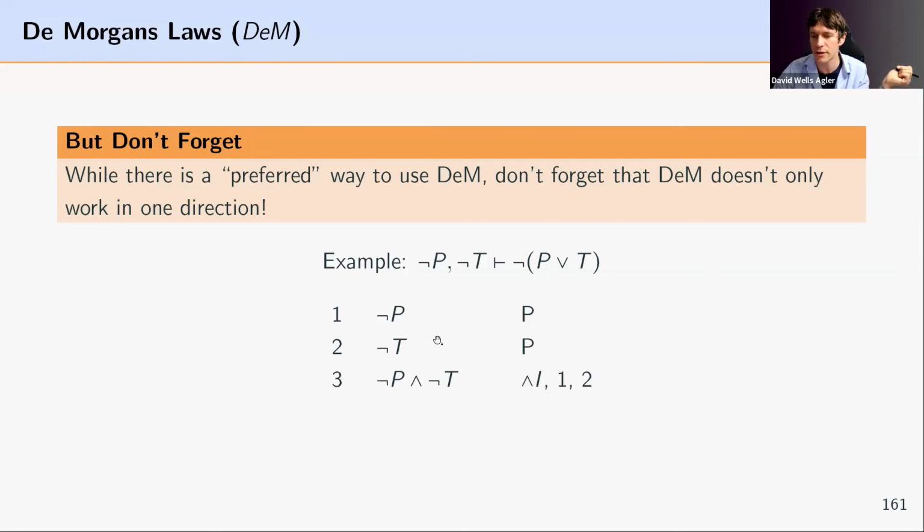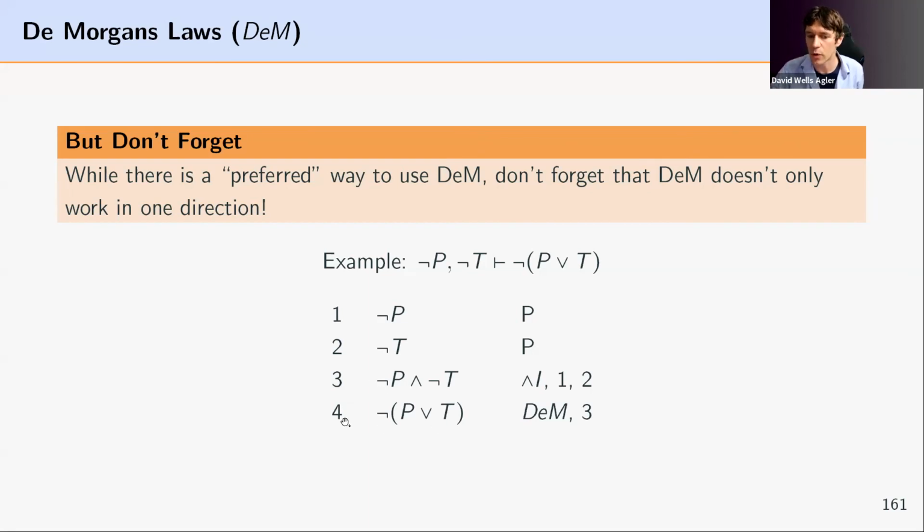One thing we could do is take those two formulas, not P and not T, put them together in a conjunction. And so now what do we have here? We have a conjunction and both of the conjuncts are negated. And so we can use DeMorgan's laws to reason in the way that is not very common, but still possible, which is to turn this conjunction, this not P and not T, into a negated disjunction.